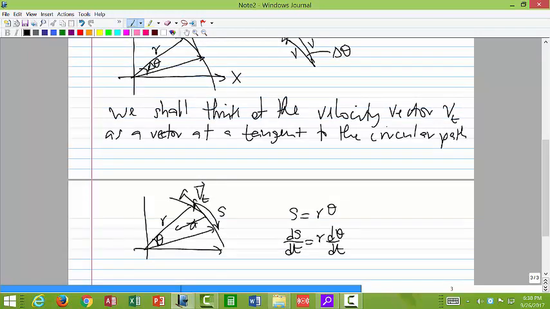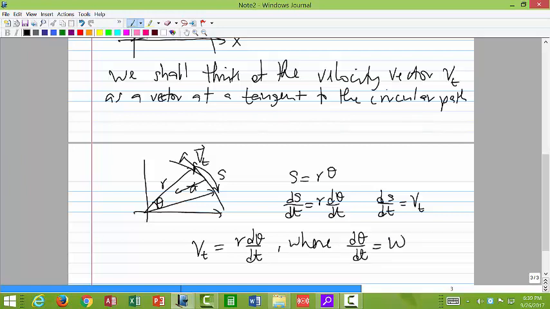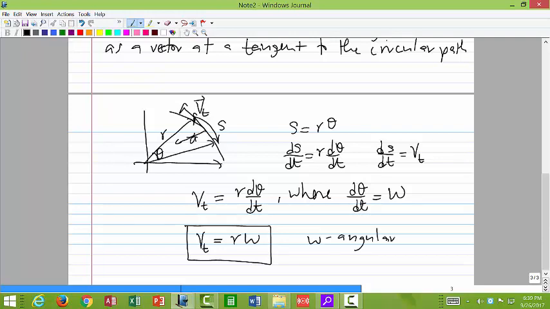This is the length of the arc of the circle, and ds dt is equal to the tangential velocity V subscript t. So V subscript t is equal to R d theta dt, where d theta dt is omega. We saw that once already. So the velocity tangent to the circle is equal to R omega, where omega is the angular velocity of the particle in that circular path.